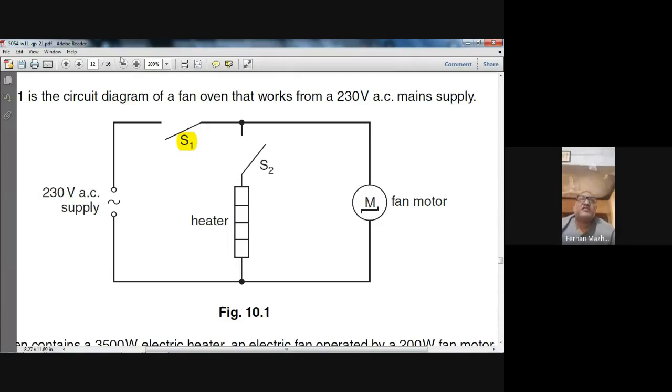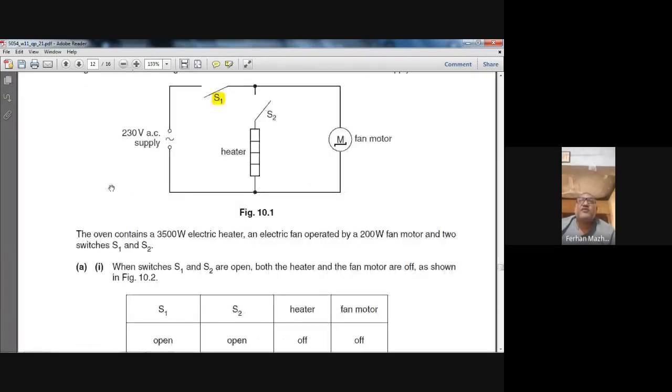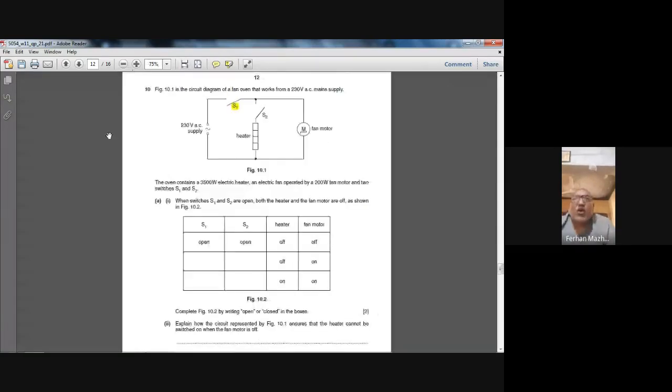Let me reduce the size so you can see. The question is, let me show you the full question. The oven contains a 3500-watt electric heater. The power of this heater is, sorry, I said 350, 3500 watt.